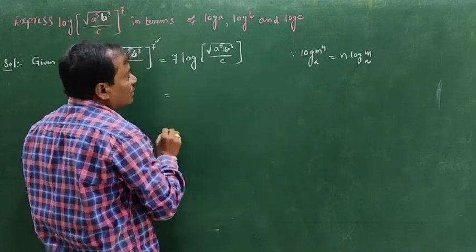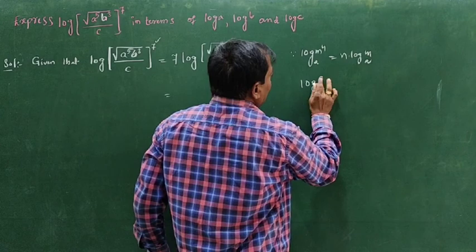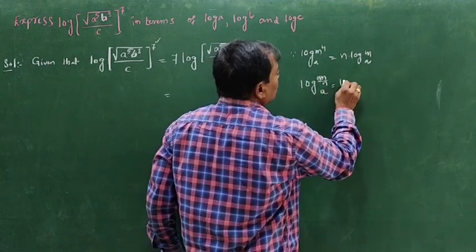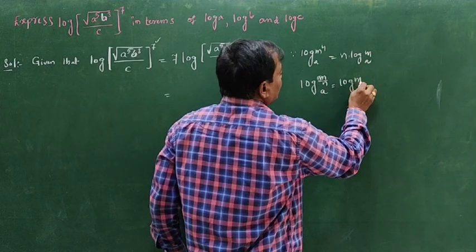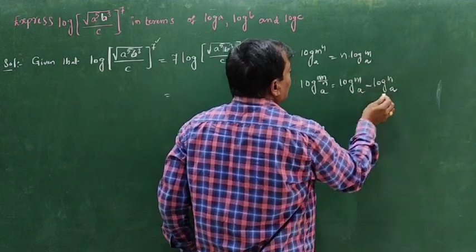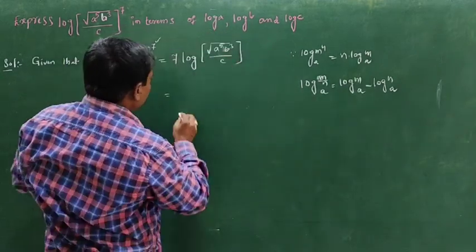Now here we know that log of m by n to the base a equals log m to the base a minus log n to the base a. By using this property, this is the numerator and this is the denominator.